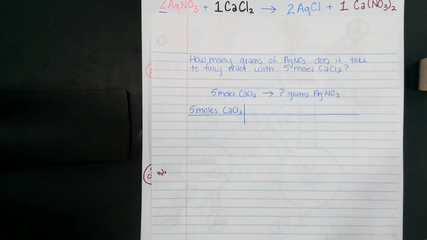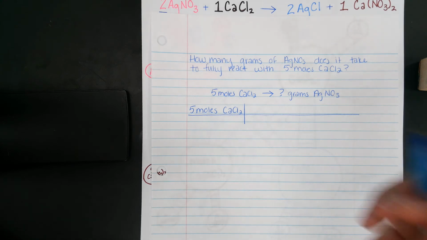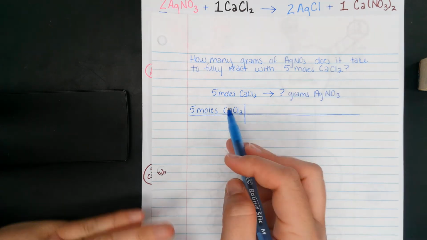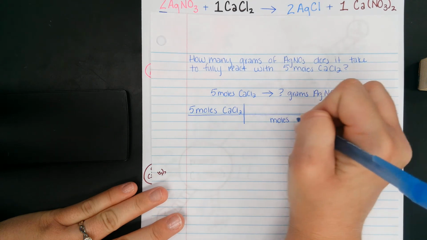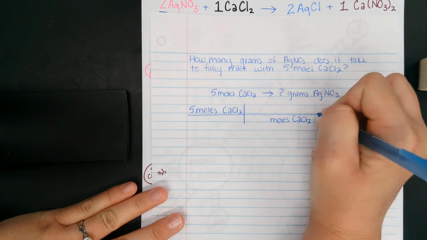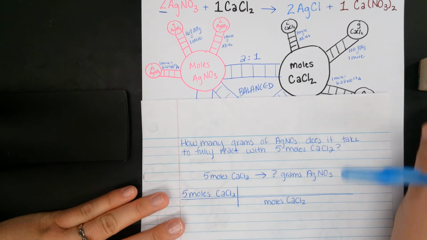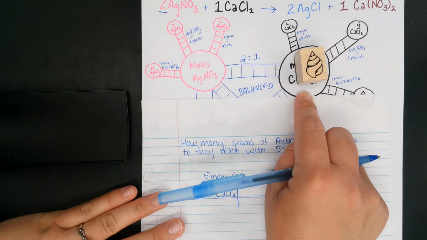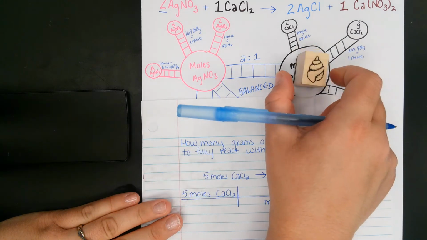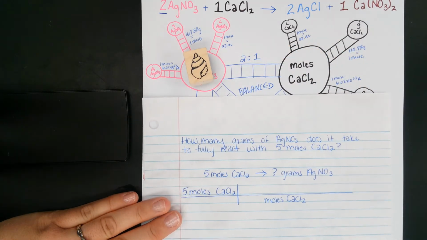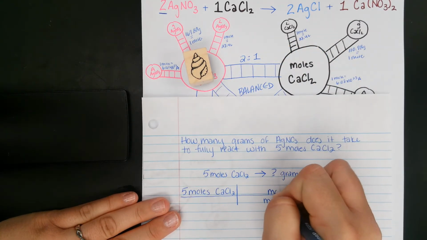And this is when it's so important to always make sure you're bringing whatever's up top down to the bottom. So if we have moles of calcium chloride up top, we're going to bring that down to the bottom. And then again, from moles of calcium chloride, our first step in getting to grams is to go to moles of silver nitrate. So moles of silver nitrate is going up top.